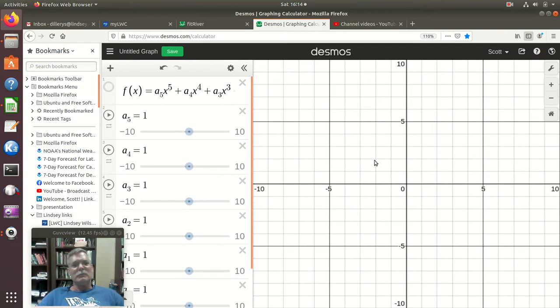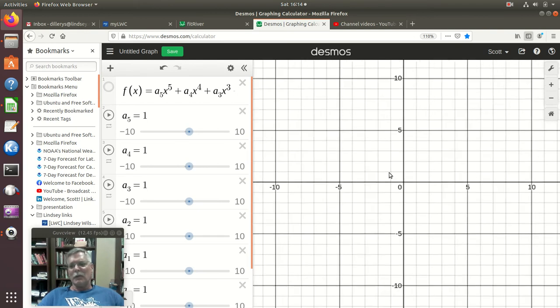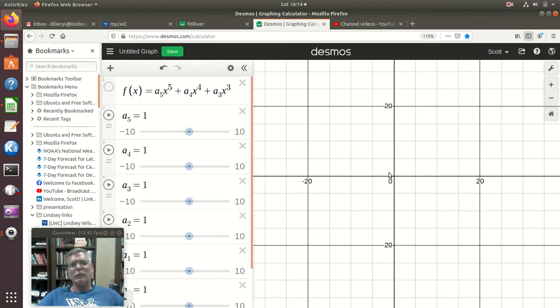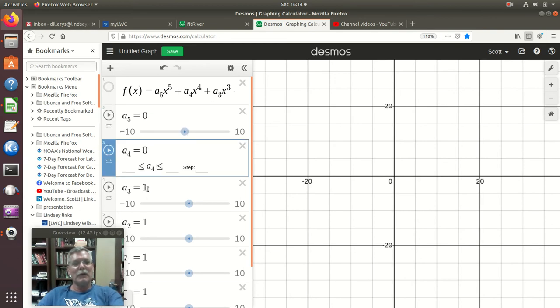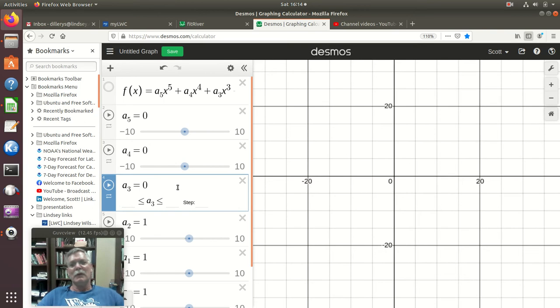I don't see anything here, and so what we might do is zoom out, see if we start to see it. Nope, but let's do some things like let's make this 0 and that 0 and that 0 and see if that helps us any find this thing.